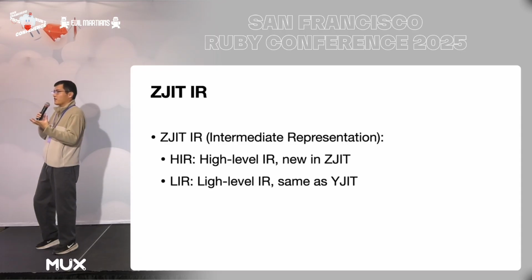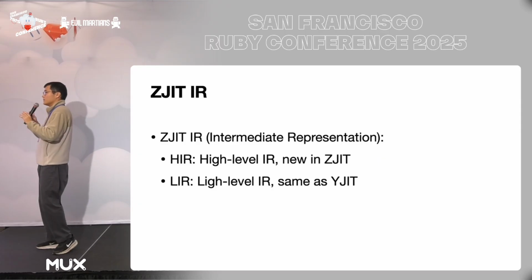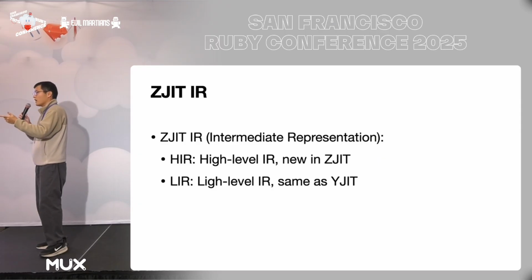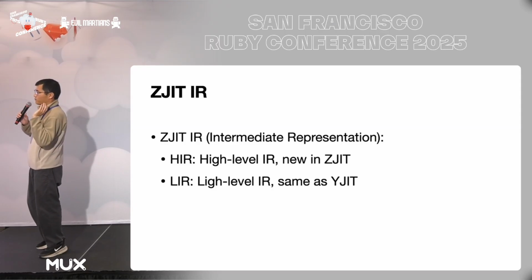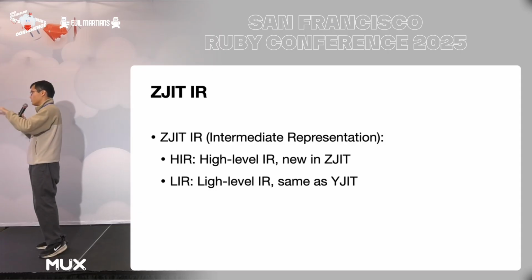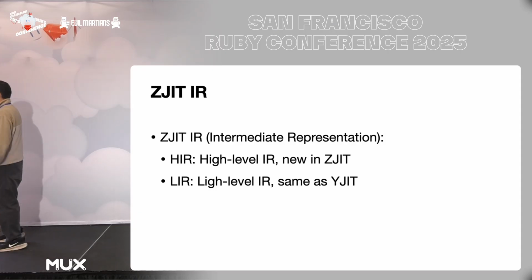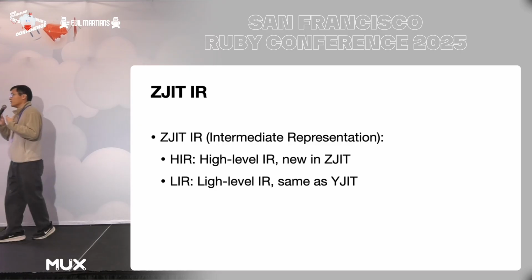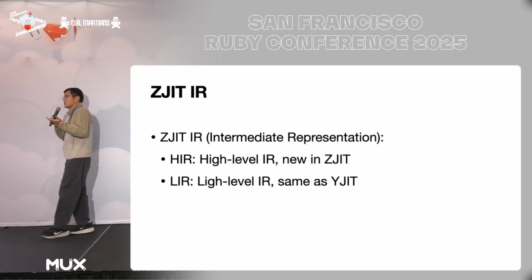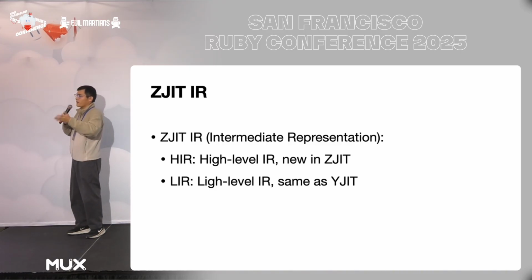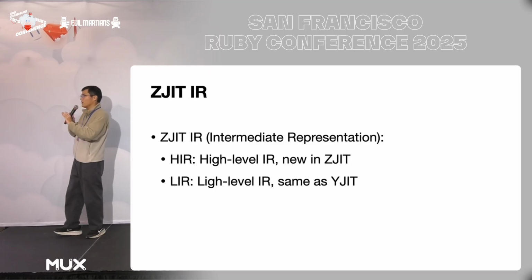So LLVM cannot really figure out the target of the method call unless you populate all the runtime information into the LLVM IR. So it's not really easy for such a language-agnostic IR to optimize Ruby.